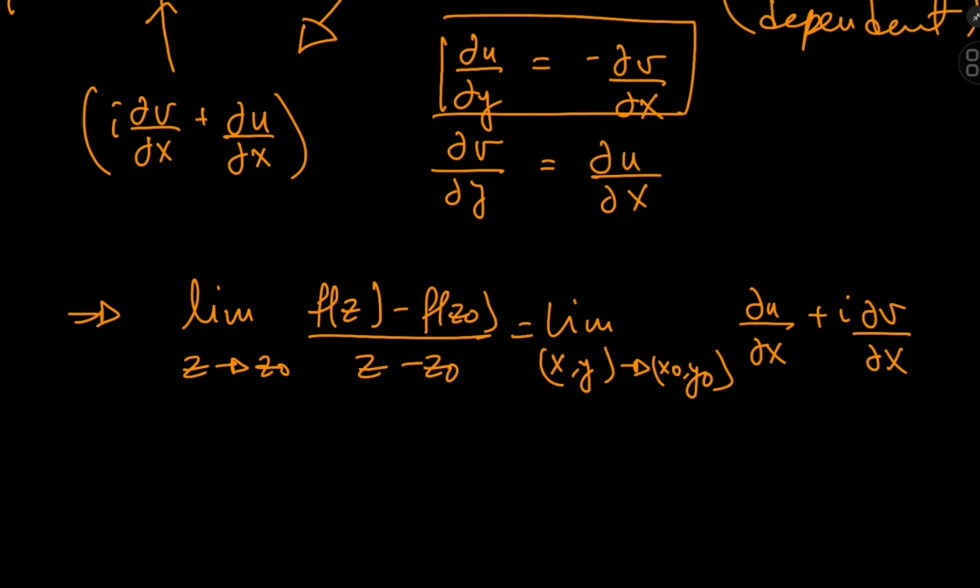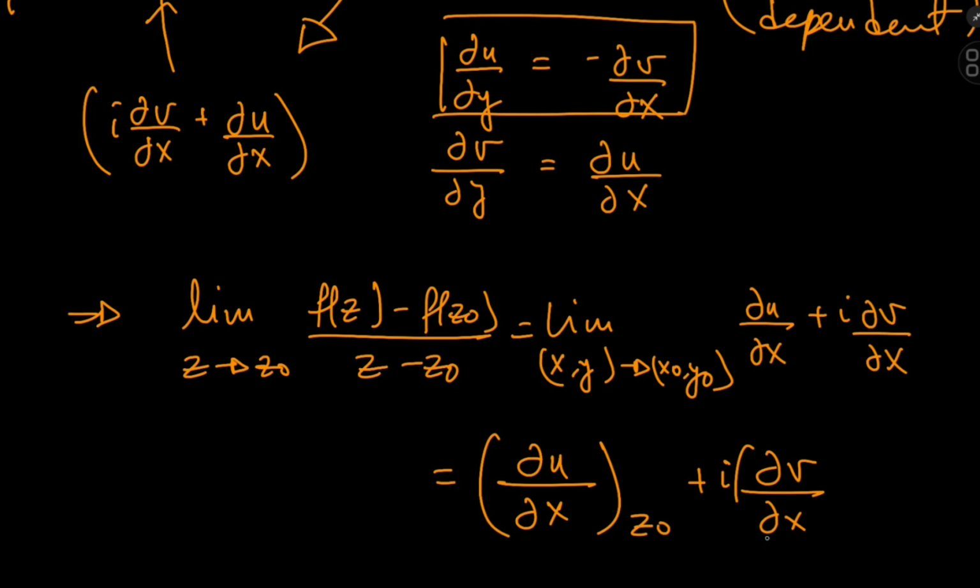And of course, we assumed the continuity of the first partials. So that means this thing here just evaluates out to the partial derivative of u with respect to x evaluated at x naught y naught, or just z naught, plus I times the partial derivative of v with respect to x at z naught.